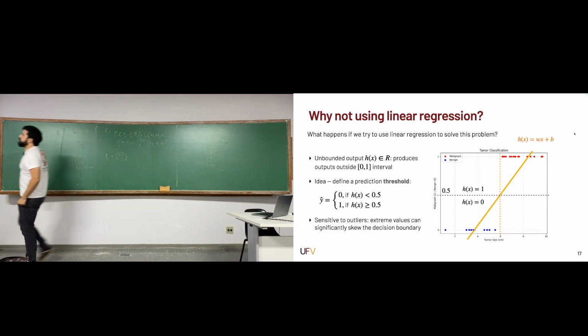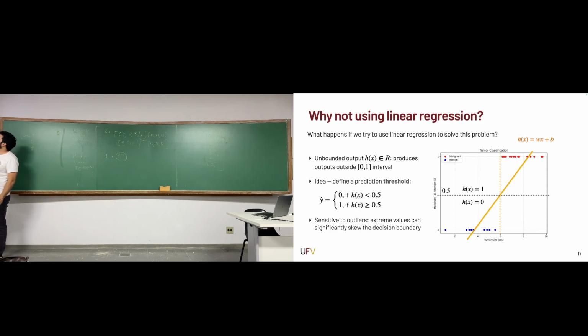My prediction is going to be 0 if h(x) is less than this threshold 0.5. So I'm dividing the label space in two, and I'm saying if, let's say, I put in x equals 4, I'm going to get this 0.